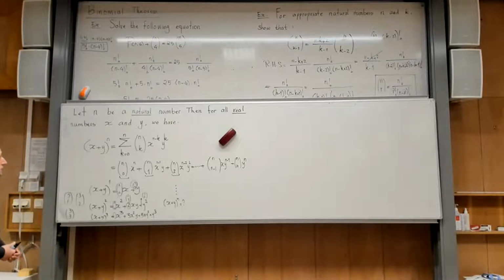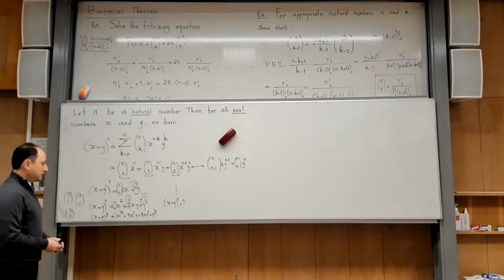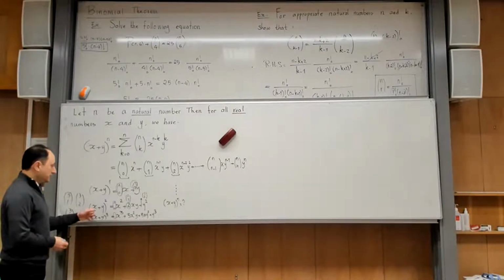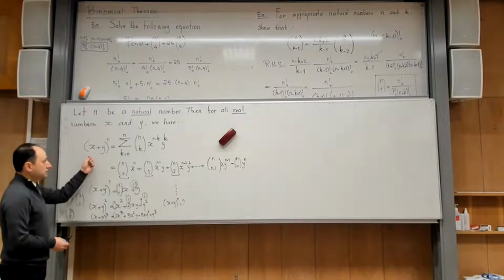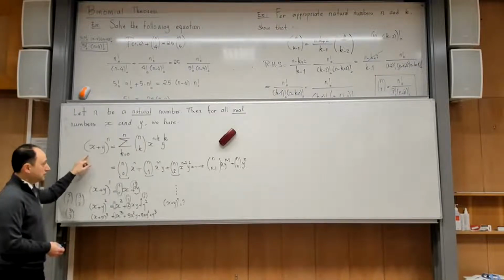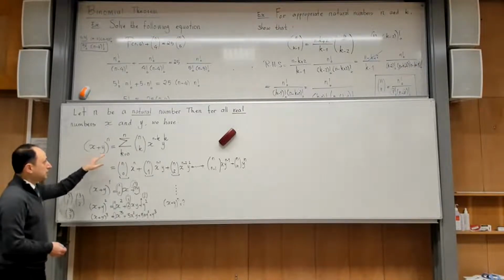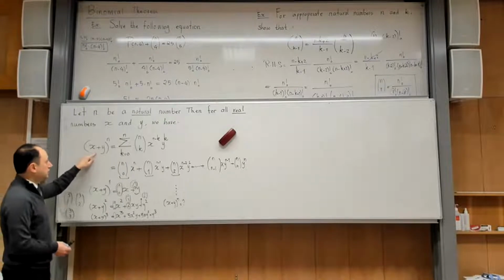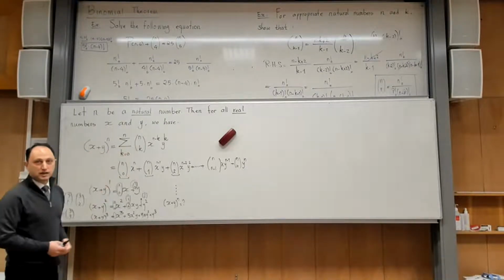But how this is related to combinatorics is very interesting. Maybe it was not easy to predict this connection between algebra and combinatorics. Of course, you can prove this formula using mathematical induction, but it is probably much harder. But the combinatorial argument for why this is equal to this is not that hard.